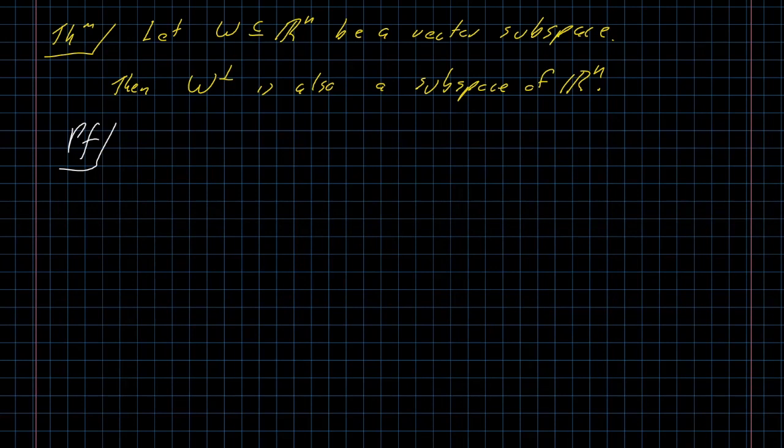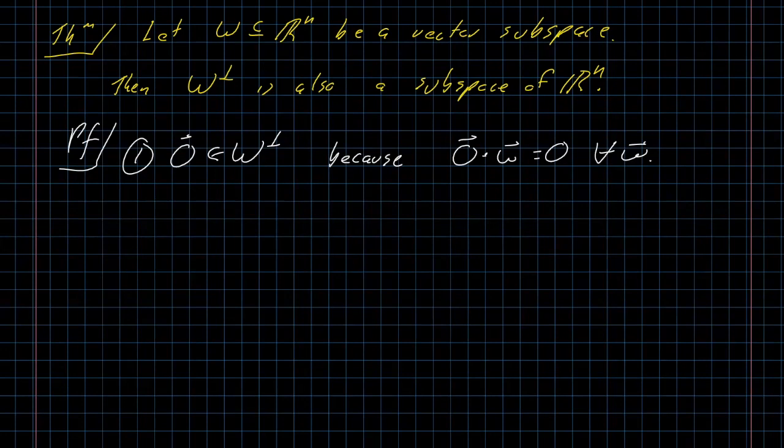In order to show that something is a vector subspace, there are two properties we need to establish. The zero vector has to be in the set. Well, zero dot with anything always gives you zero. That's nothing new.